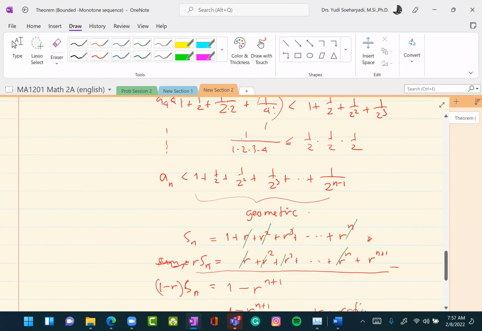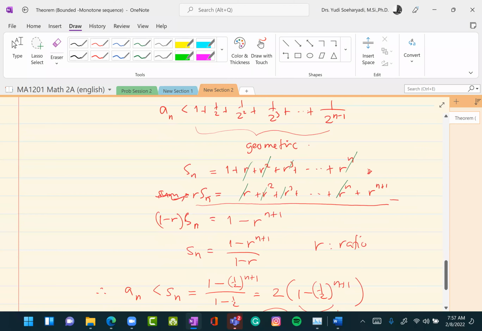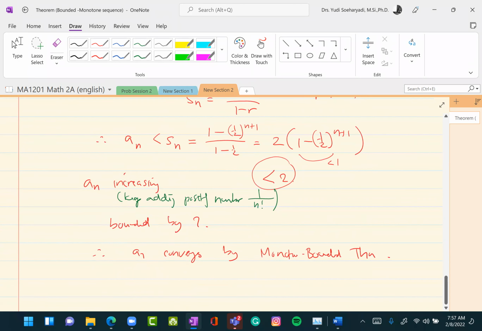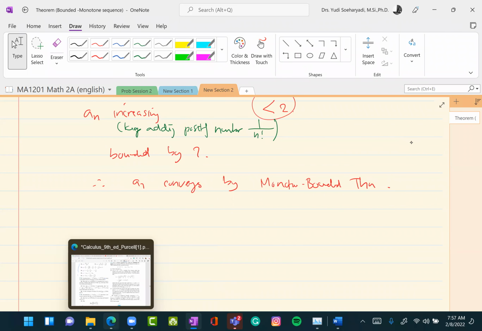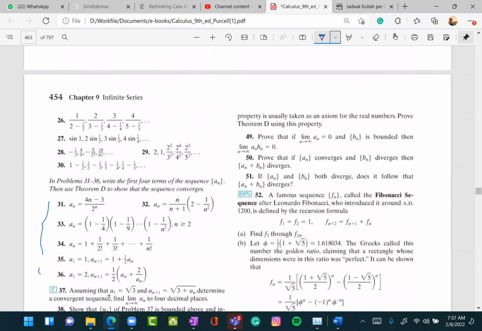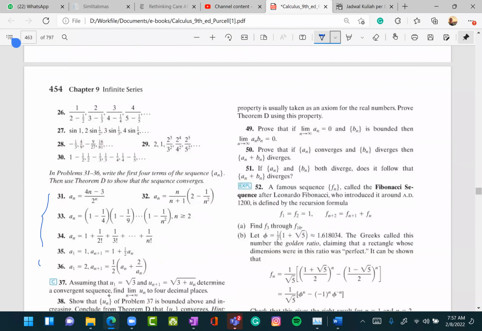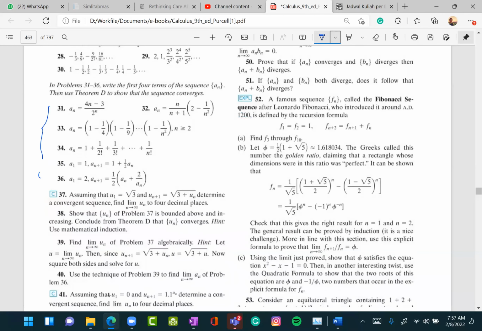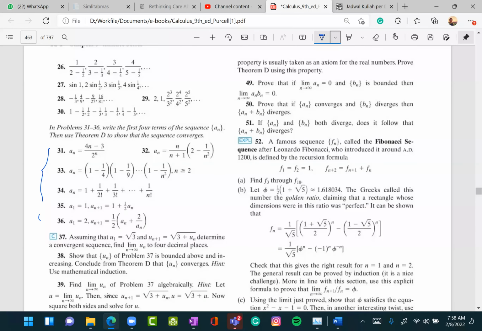Okay. Right. Questions? So I think that's one of the most important things from the section about sequences.